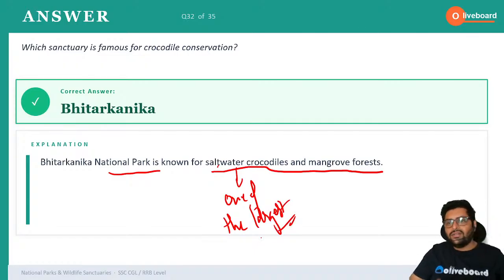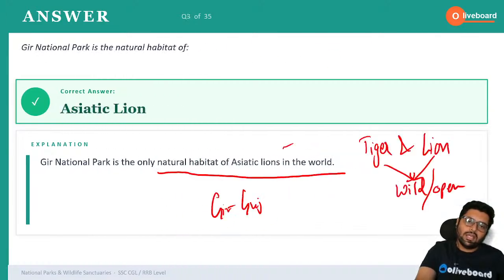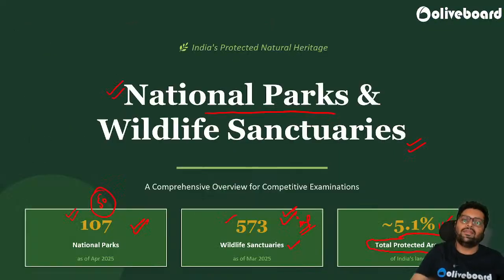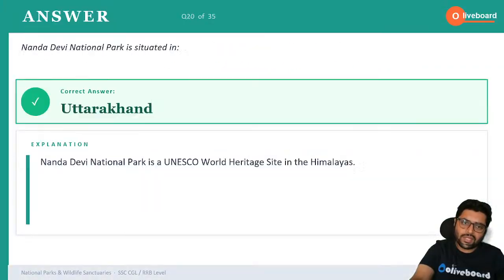Correct? So, friends, this was all about the national parks and wildlife sanctuaries. This is how you have to revise: structure a topic, divide it into themes, and then study. It will be really helpful for you. Correct? And whenever questions are coming, I showed you there are various types of questions.